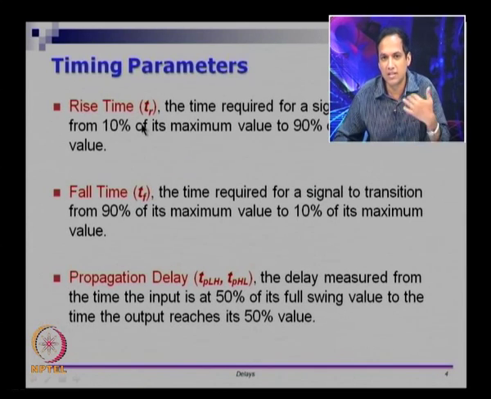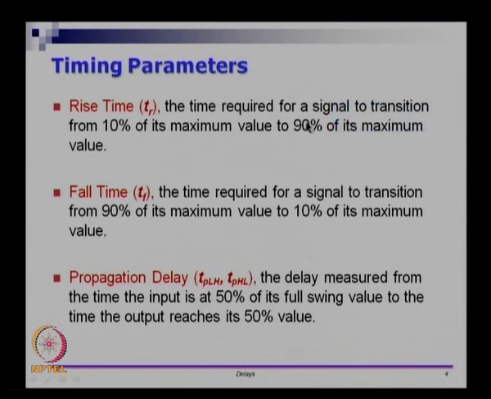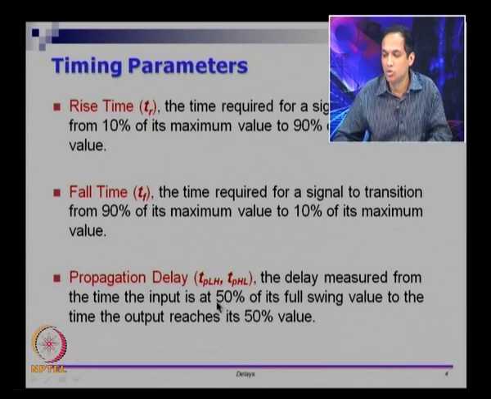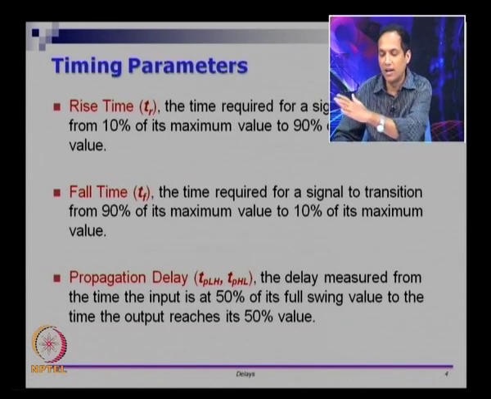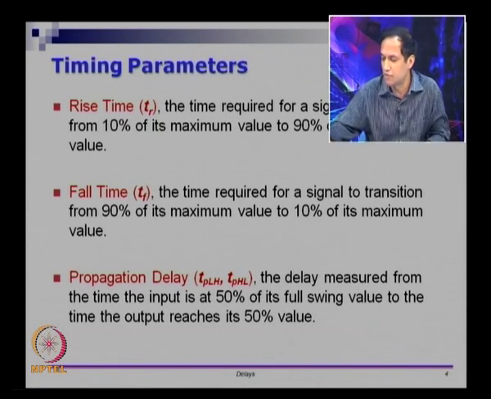Generally, the maximum voltage at which we want to operate the device is VDD. So, we are talking about 10% of VDD to 90% of VDD as the rise time, and fall time is 90% of VDD to 10% of VDD. And propagation delay is usually measured from when the input crosses 50% of the input voltage to the time at which the output crosses the 50% value.